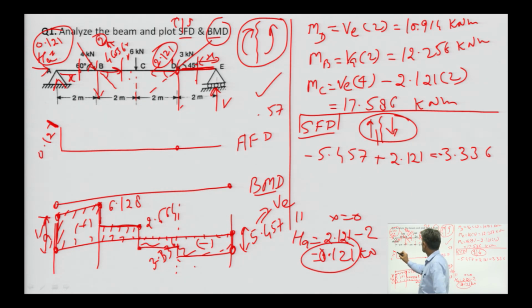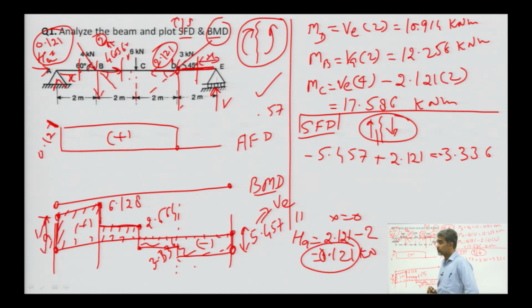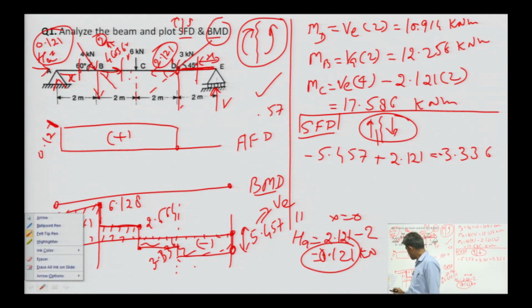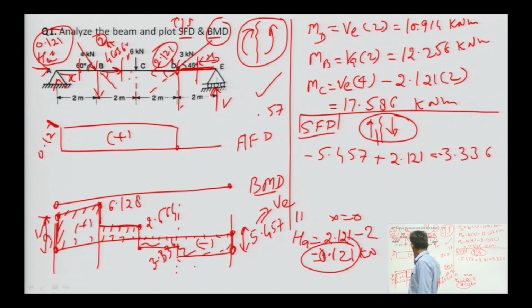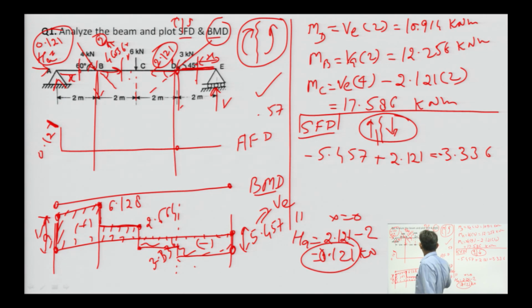So, in this region, if I am taking this as positive, then in this region 0.121. Okay, I made a mistake. It is 1.21, and here it is 0, here it is 0.